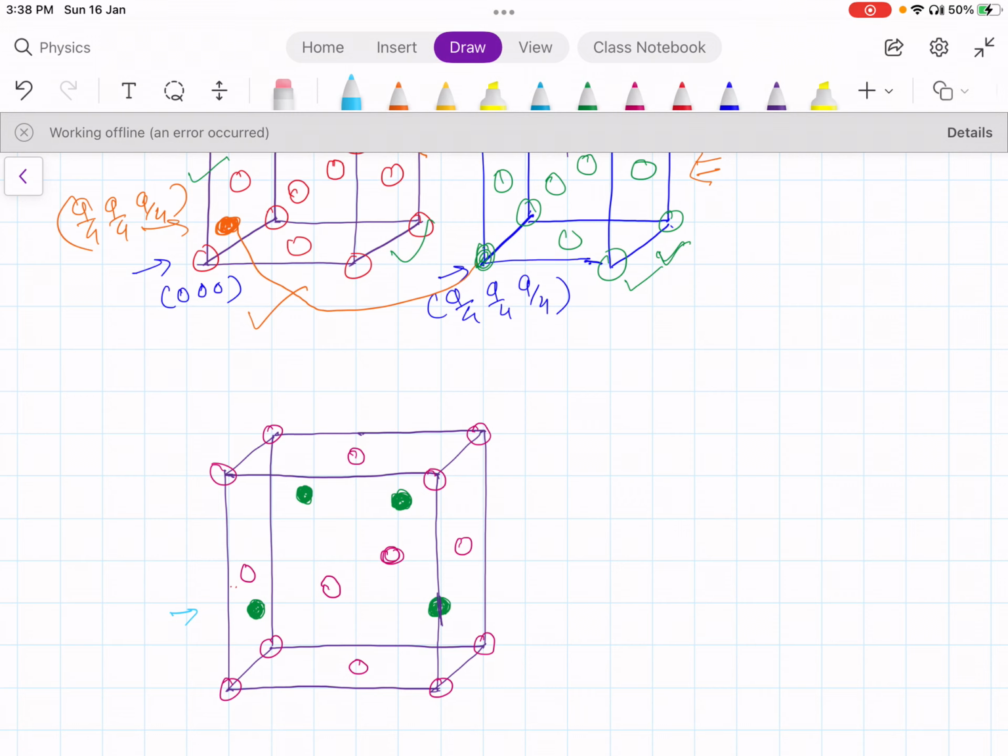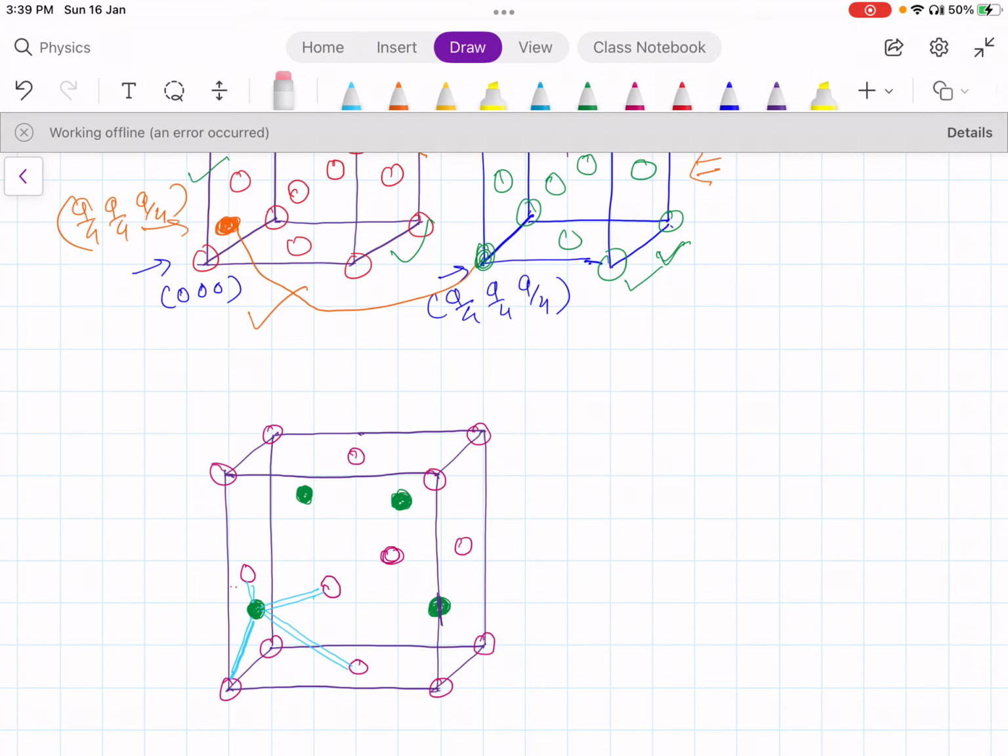So that atom forms one covalent bond with its nearest corner atom, and 3 nearest face center atoms. This one is face center of the front surface, and as I told you this atom is close to the front surface, so it forms a covalent bond with this face center atom.